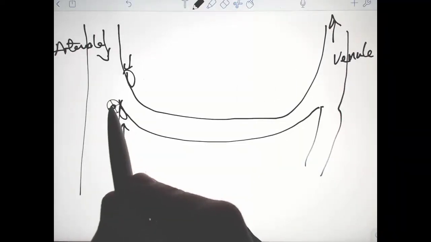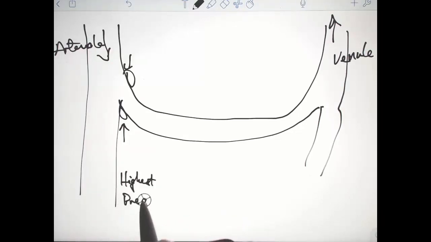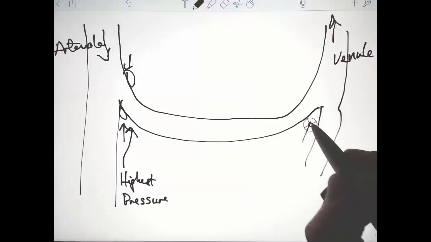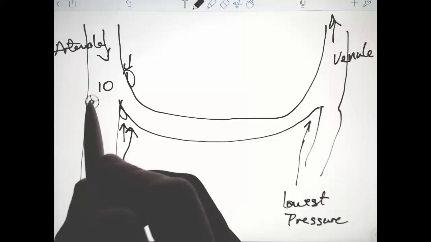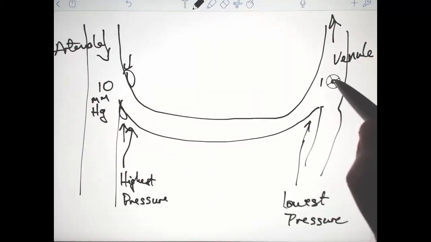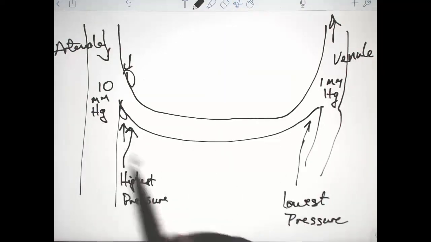The highest pressures in a capillary are here. So highest pressure where the blood enters. And the lowest pressure in a capillary, say that the pressure coming in is 10 millimeters of mercury, and the pressure leaving might be 1 millimeter of mercury. And these vary in different animals and in different parts of the body.